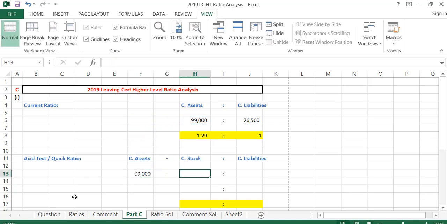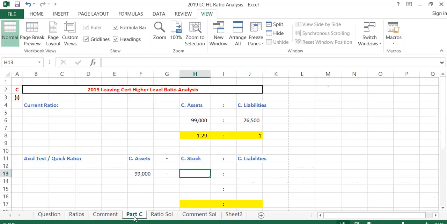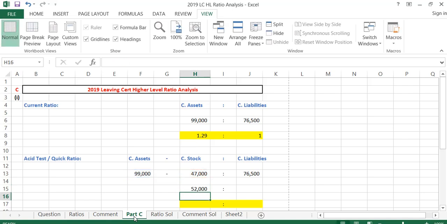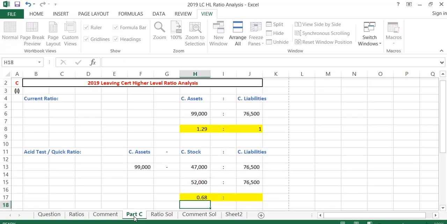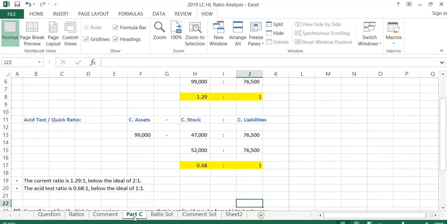I just have to take away the closing stock, which I can see from the question is 47,000. And I'm going to compare that to the current liabilities, which again is the same as above. So now, after I take away my closing stock, I get 52,000, and I'm going to compare that to 76,500, which works out to be 0.68 is to 1.